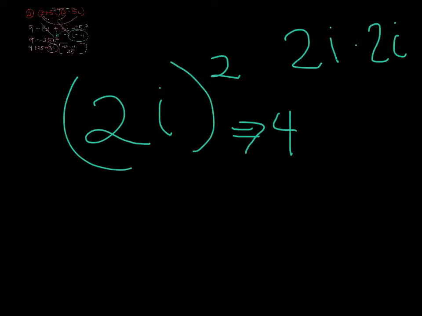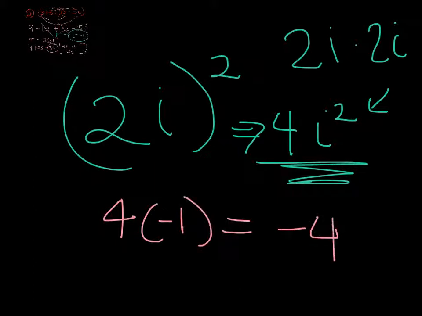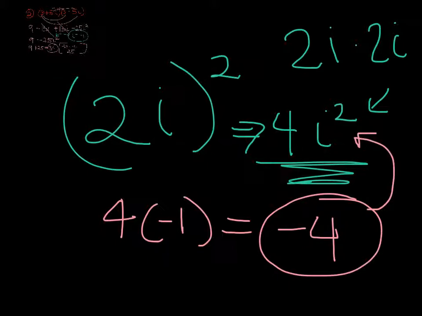And then we have to square our i. This is where we have to recognize our i squared. i squared equals -1. So we have 4 times -1. Our end answer will be -4. That is all due to the fact that i squared equals -1.